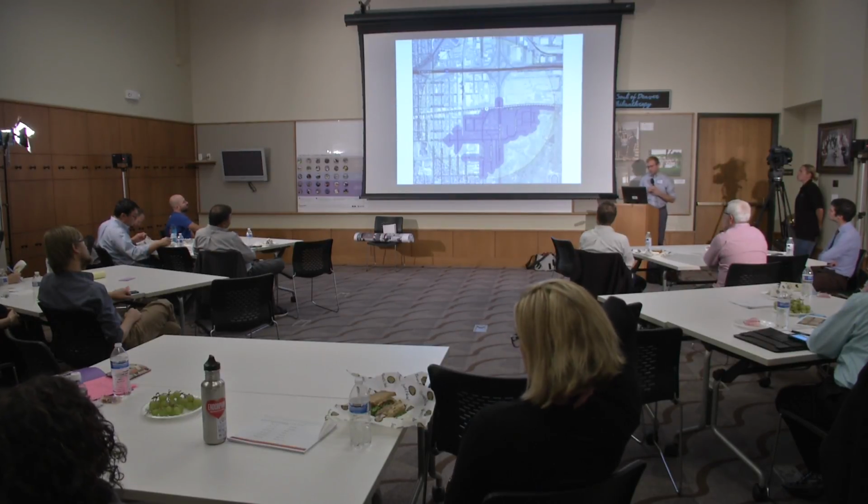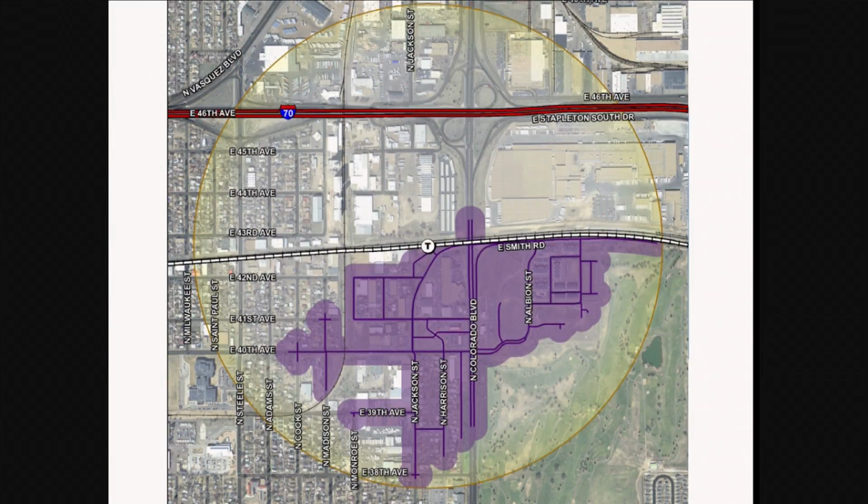This is a fun map. This is the 40th and Colorado station, where the purple represents where one can walk today. And this yellow line is the half mile. So you can see everything north of the tracks, although it's within a half mile, a typical 10-minute walk, as the crow flies, you simply can't get to the station. And this is a major conversation we had during the Elyria Swansea and 40th and Colorado Station Area Plan.